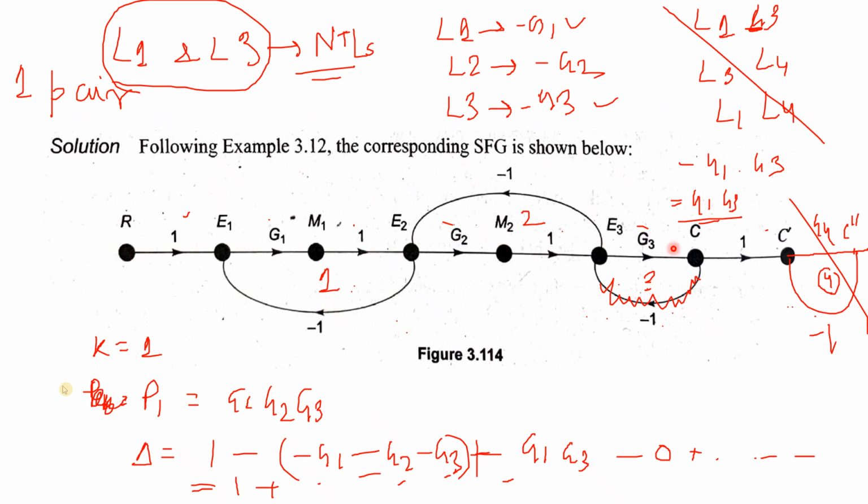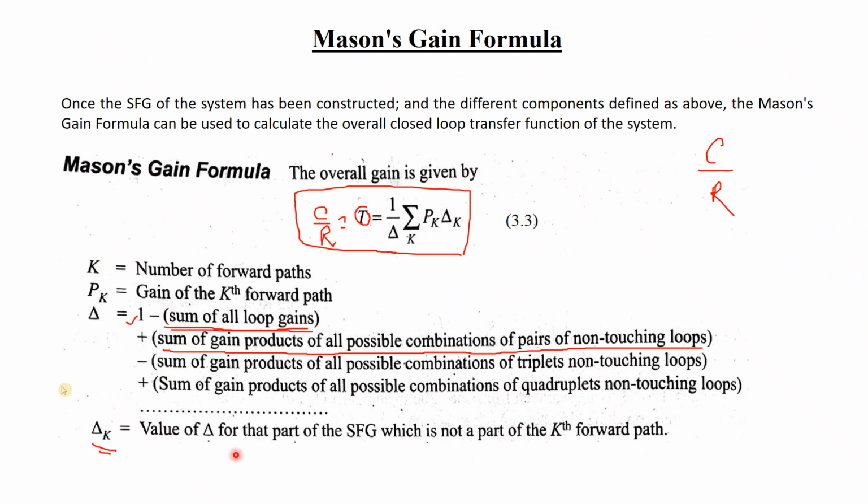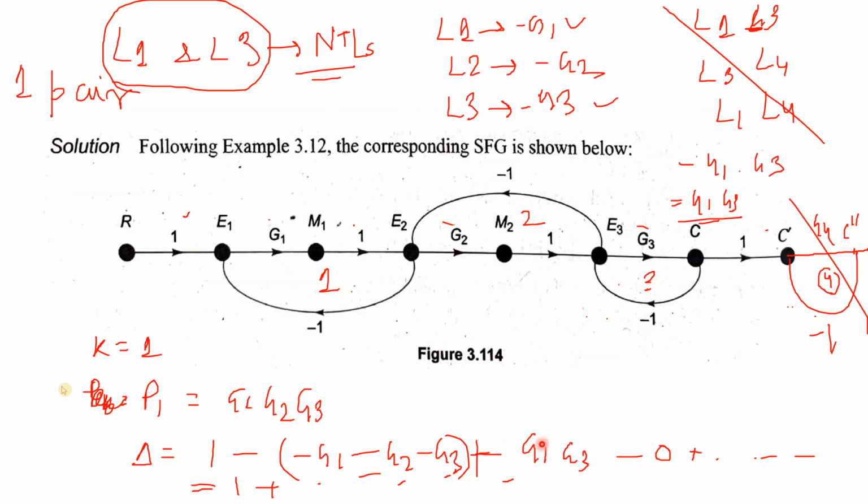That means here what we did was take the forward path and consider the loop gains of the loops, we added them, then we took the touching loops, non-touching loops, we did all these things. Fourth one is, if there are more than one forward path, then we have to calculate the delta again, for the loops which are not a part of the k forward path.